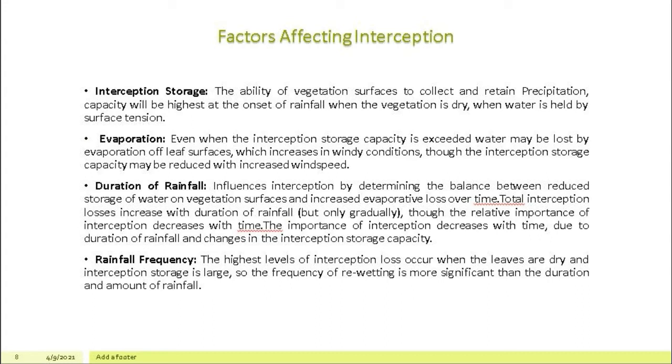The importance of interception decreases with time due to duration of rainfall and changes in interception storage capacity. Last is rainfall frequency. The highest levels of interception loss occur when the leaves are dry and interception storage is large, so the frequency of rewetting is more significant than the duration and amount of rainfall.